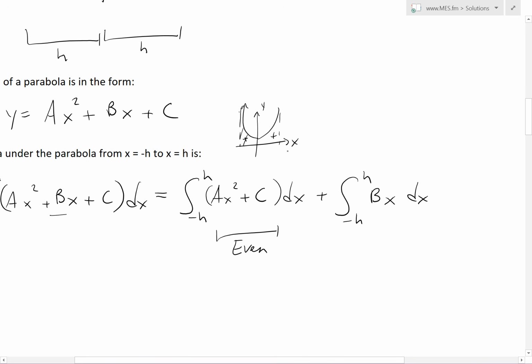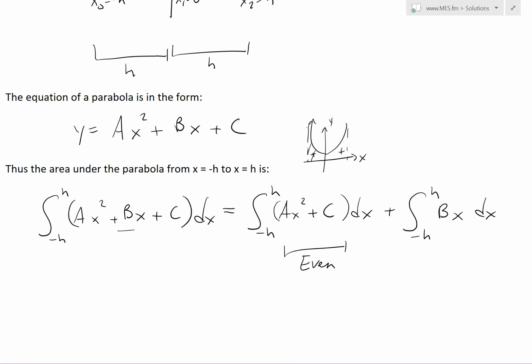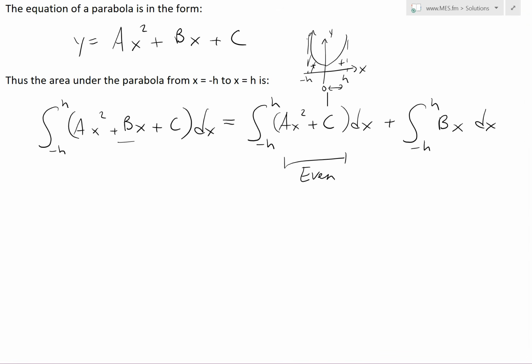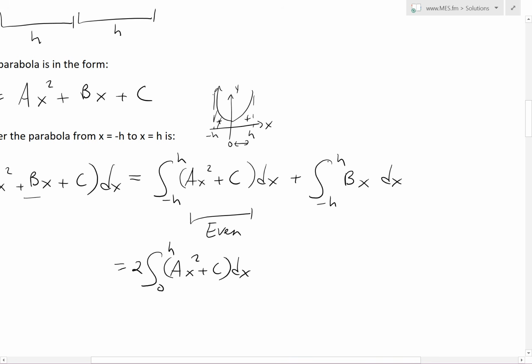So going from negative h to h is the same thing as going from 0 to h twice. So this part equals 2 times the integral from 0 to h of ax squared plus c dx, because it's the same on the negative or positive side of the x value.